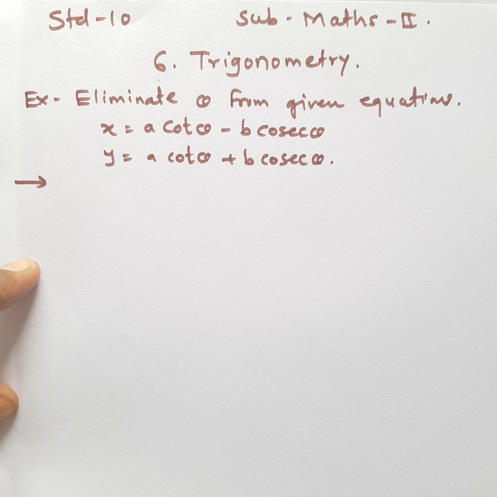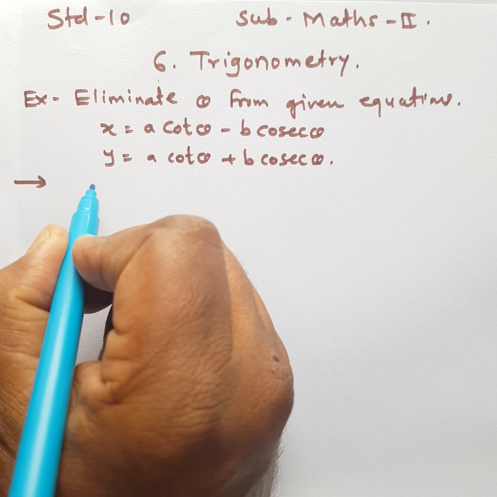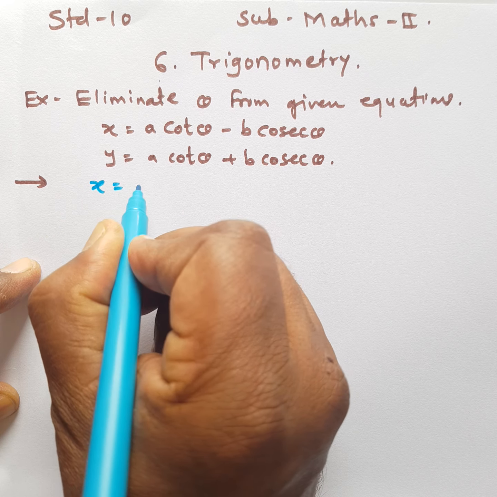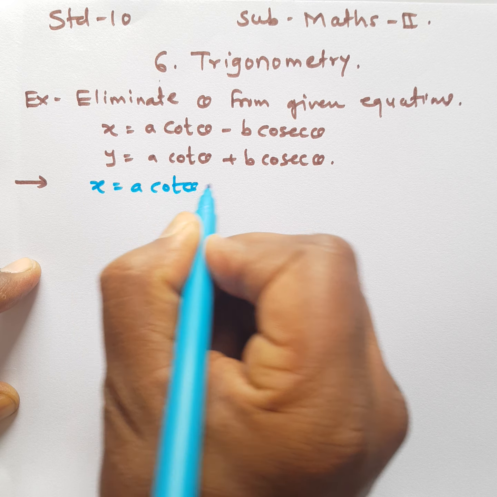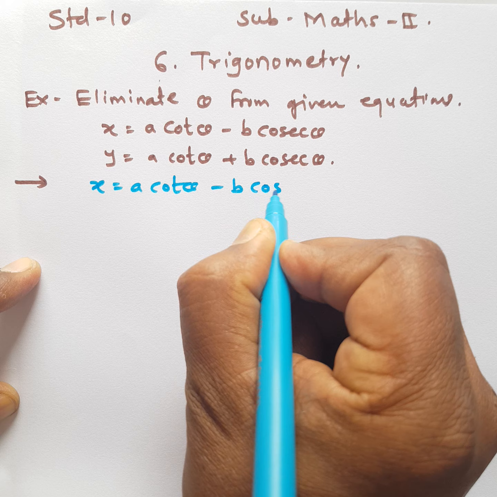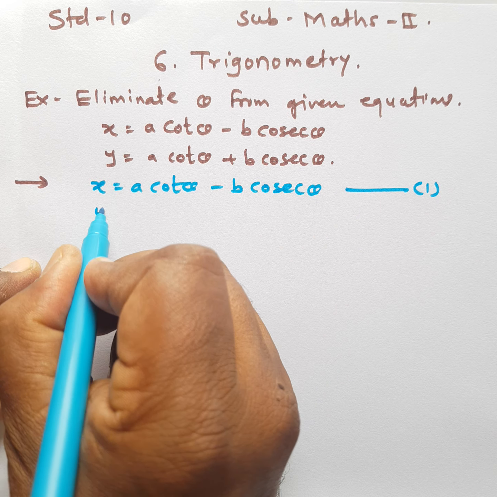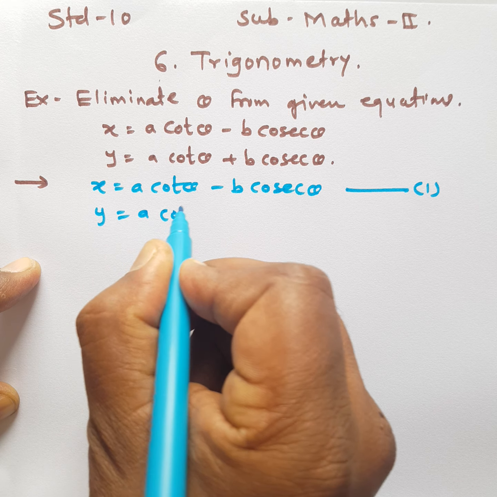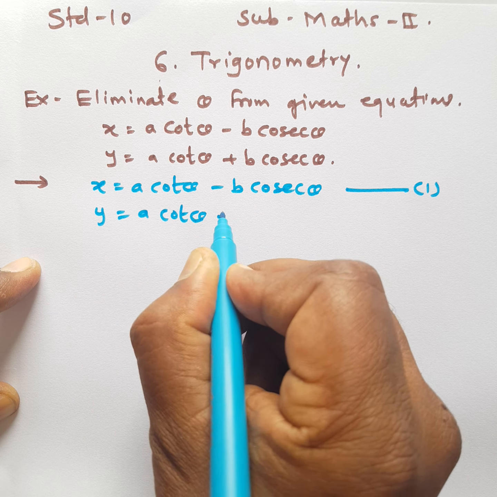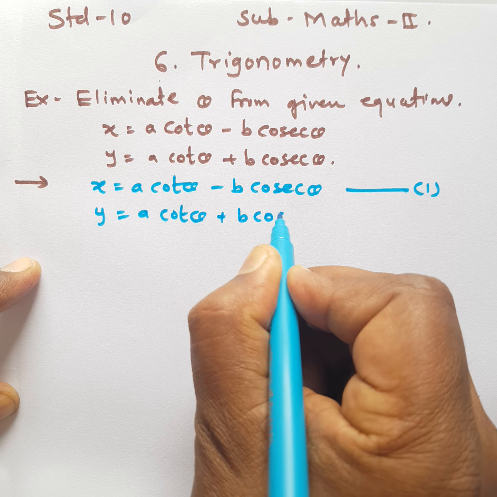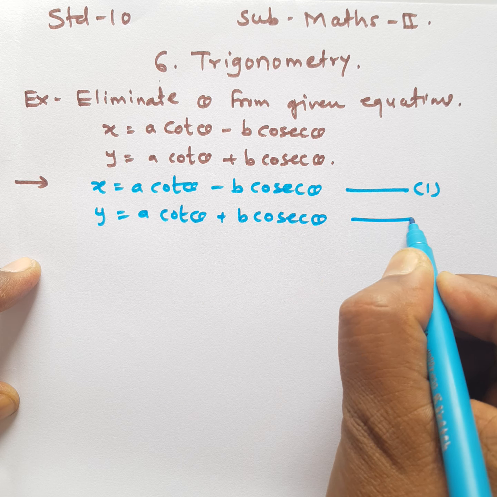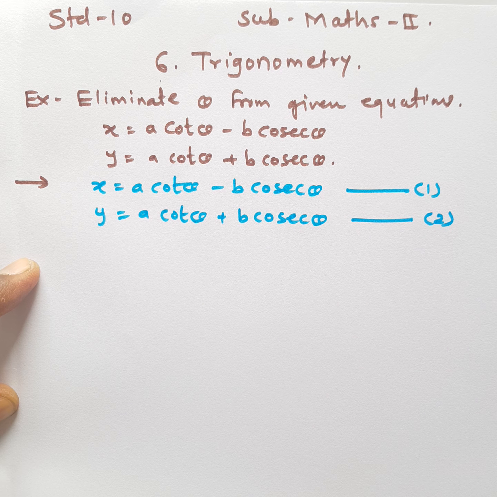First we will consider the given equations. x is equal to a cot theta minus b cosec theta, equation 1. y is equal to a cot theta plus b cosec theta, equation number 2.